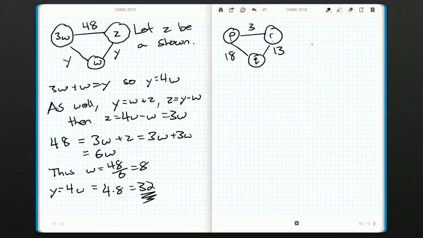So, what we should probably do is just pick one of these variables to try and eliminate. Okay? We know that P plus R is equal to 3, so R is equal to 3 minus P. Okay?